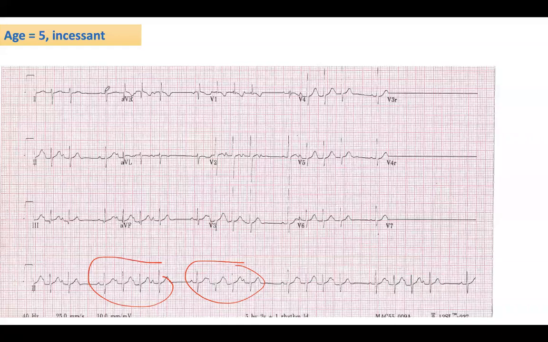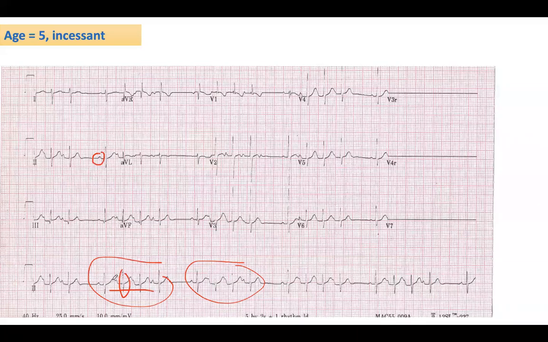So if you believe this is your sinus P wave, it's positive in lead 1, positive in lead 2, positive in lead 3, and positive in aVF. So it's probably a sinus P wave, right? And then a burst of tachycardia follows with the usual QRS. So it's a narrow complex tachycardia that starts with a P and ends with a QRS.